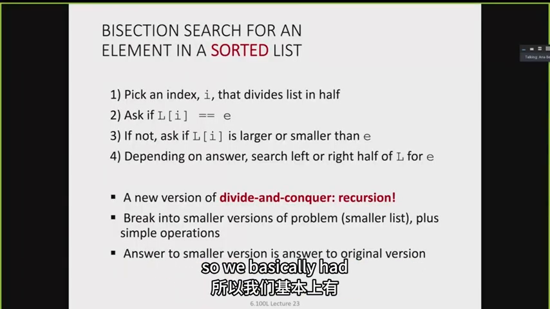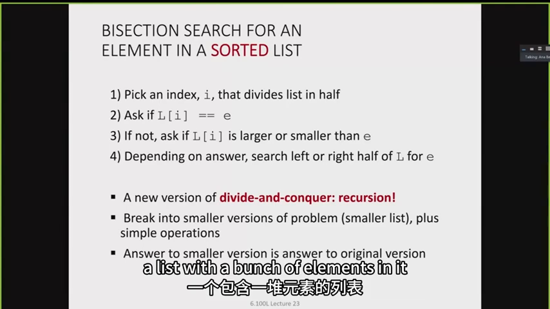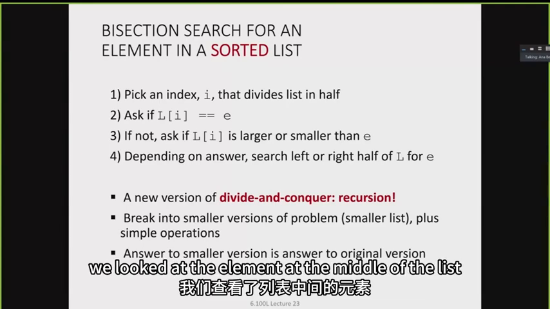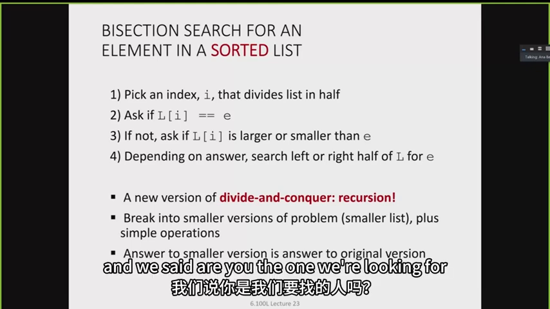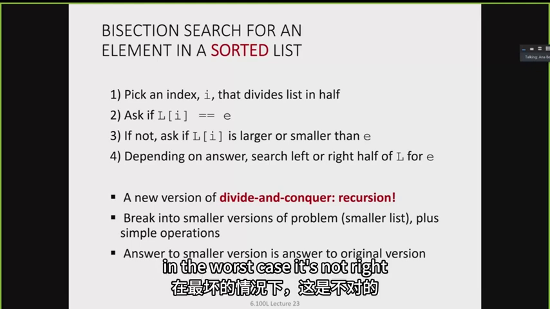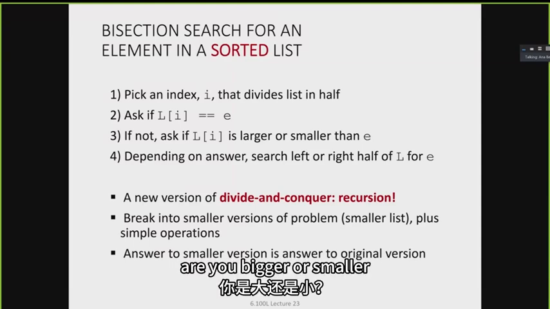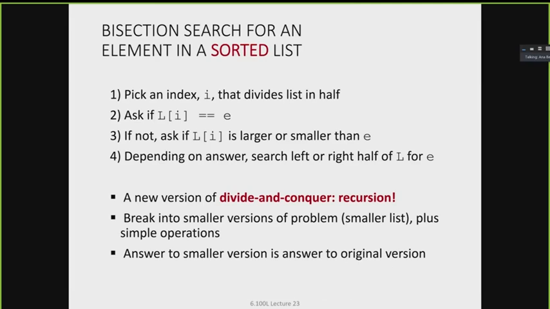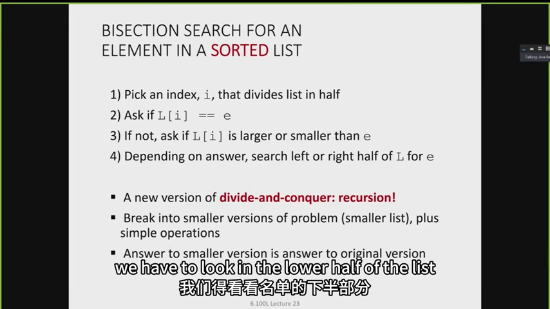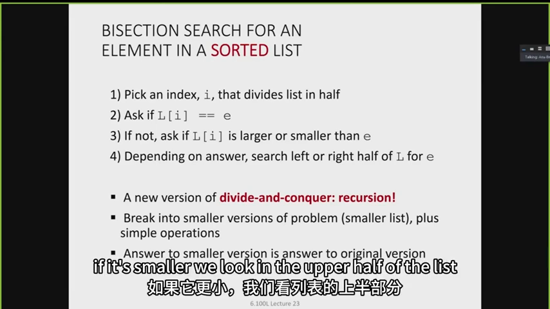So we basically had a list with a bunch of elements in it. We looked at the element at the middle of the list, and we said, are you the one we're looking for? In the worst case, it's not, right? So then we have to ask, are you bigger or smaller than the one we're looking for? If it's bigger, then we know we have to look in the lower half of the list. If it's smaller, we look in the upper half of the list.